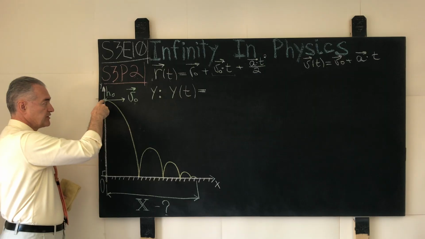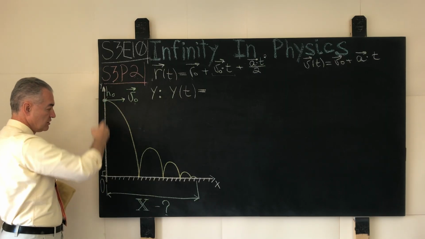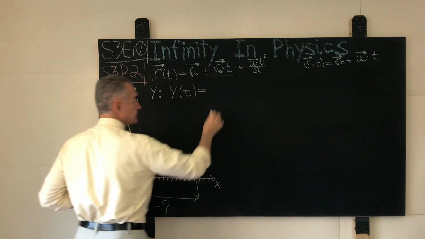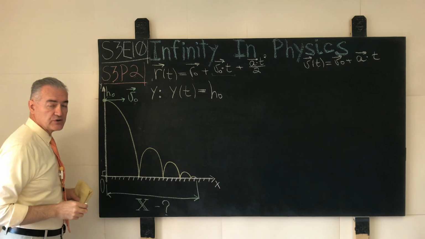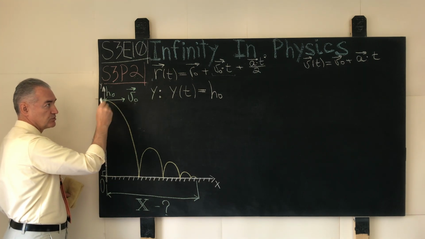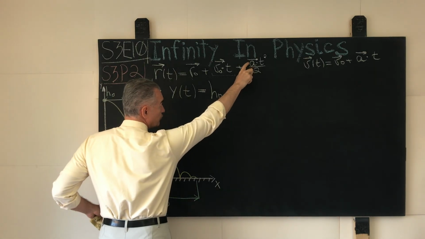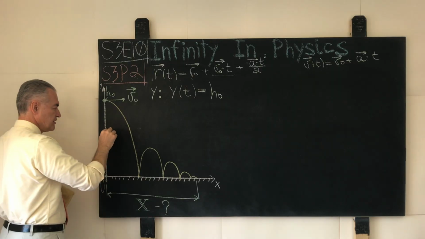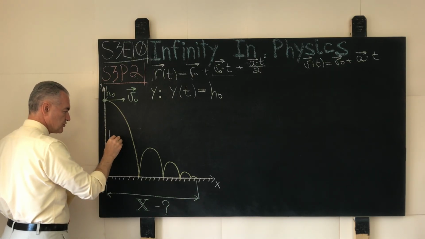The initial displacement of our launch point along the vertical y-axis is h0. The vertical component of the initial velocity is 0, so we do not write anything, and we take it that our uniform or constant acceleration in this case is due to the Earth's gravity. It will point this way.